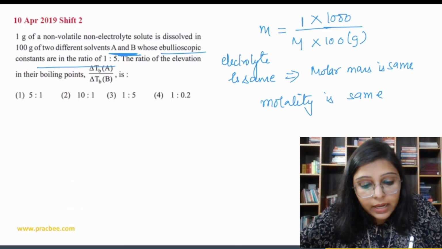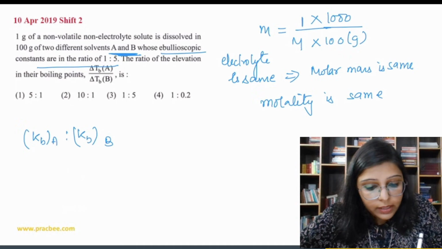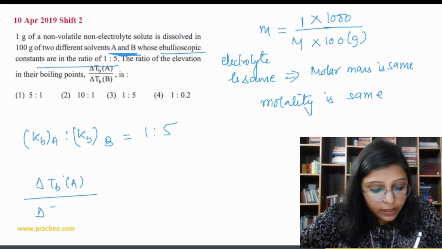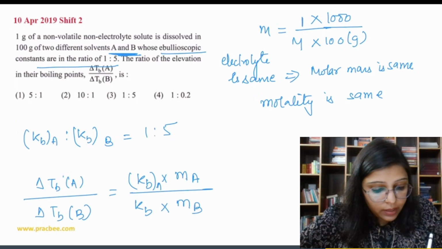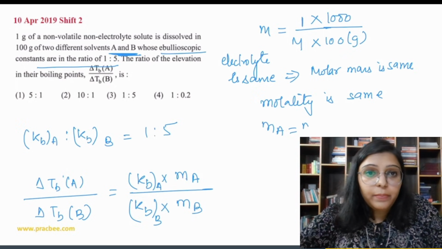Ebullioscopic constants are in the ratio 1:5. It means KBA is to KBB is equal to 1:5. And we have to find out delta TBA upon delta TBB, which is equal to Kb into molality of A upon Kb into molality of B. So Ma is equal to Mb.